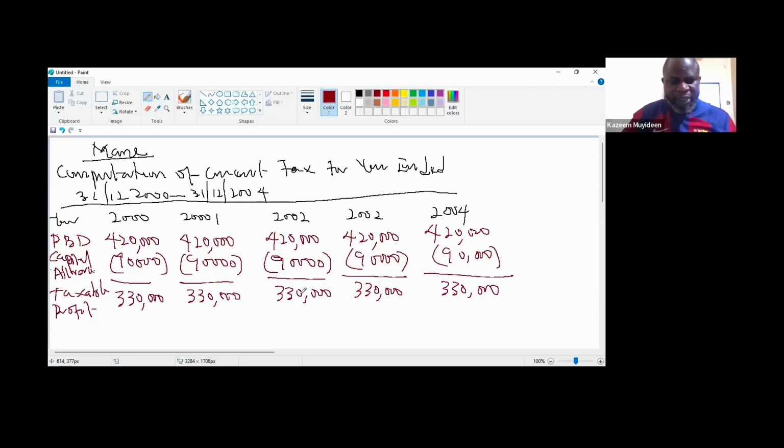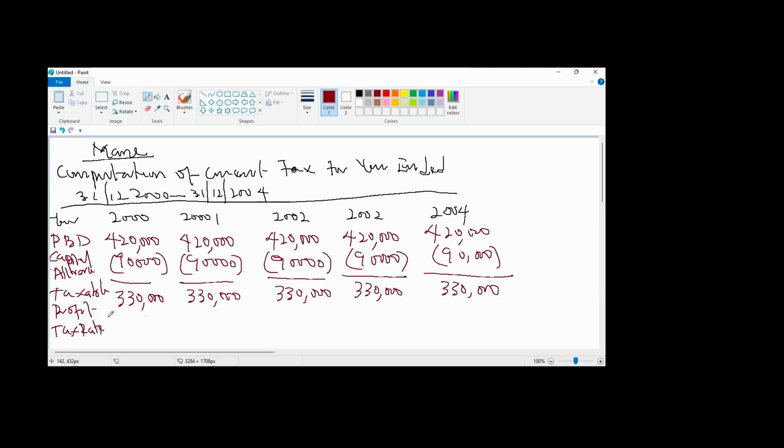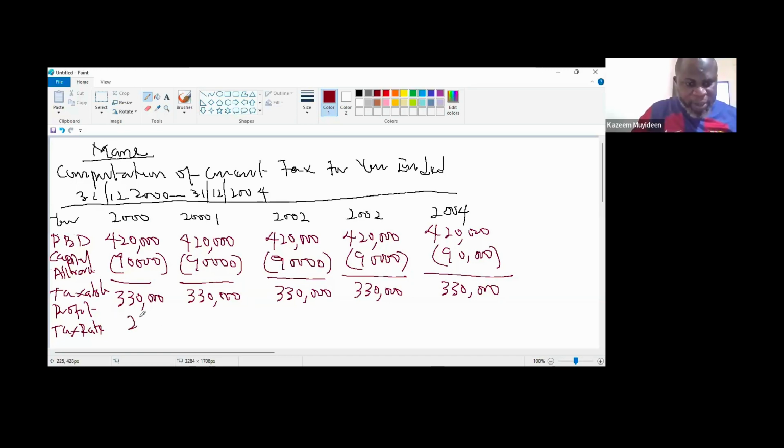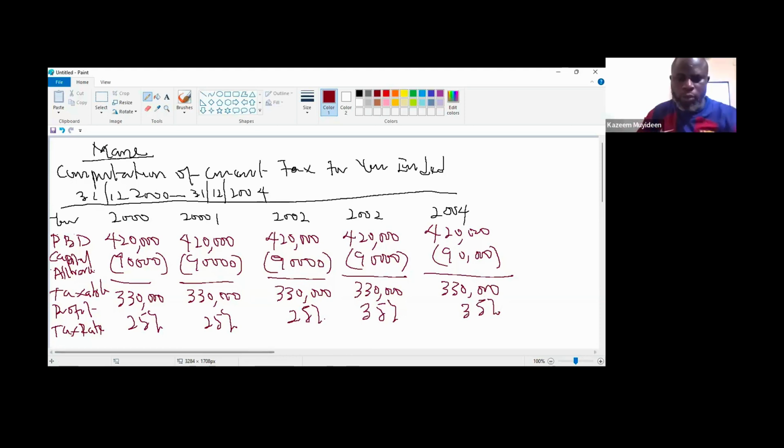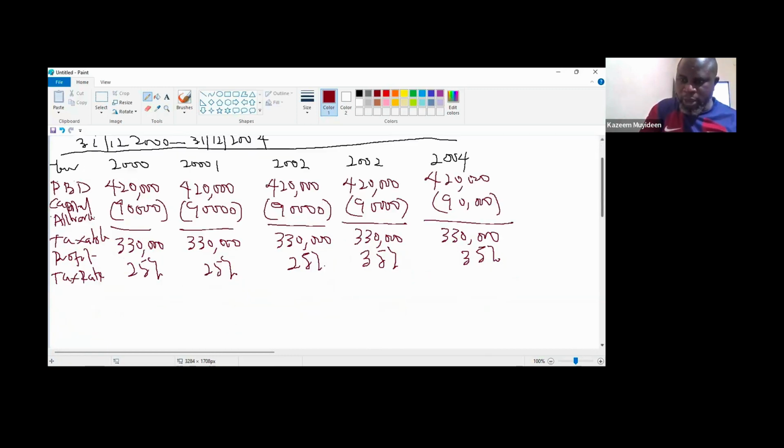Then the tax rates, which differ: 25% for 2000, 2001 and 2002, and 35% for 2003 and 2004.